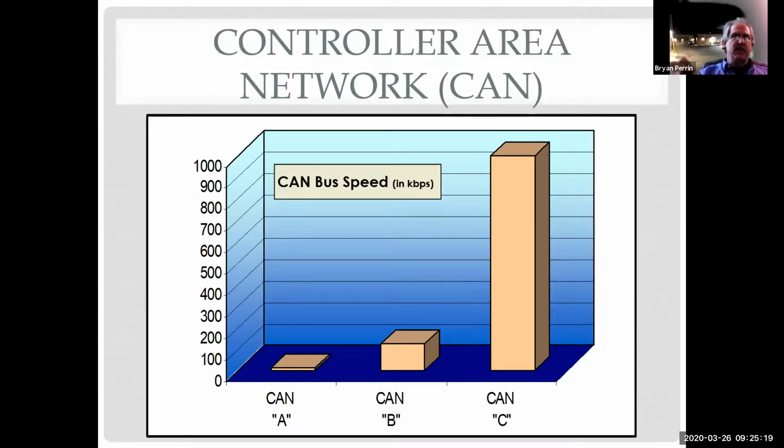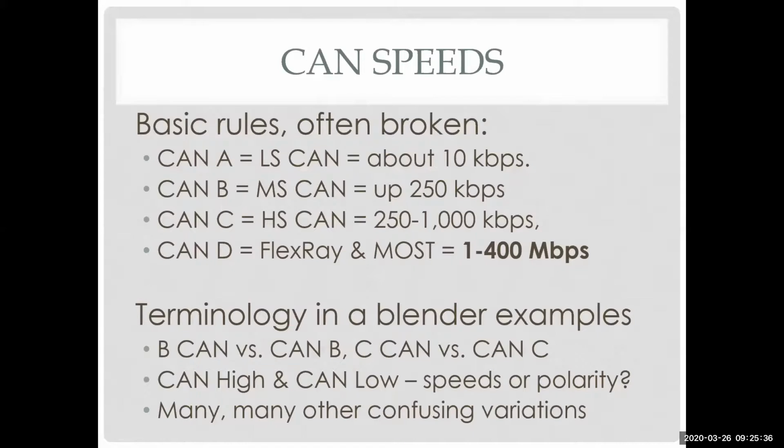So they're using different definitions than what SAE does. So like anything, when we're looking at information, we need to figure out which language is being used. Mercedes in their documentation makes it very confusing because they're defining these things differently. They're using different terms. So we do have CAN D.